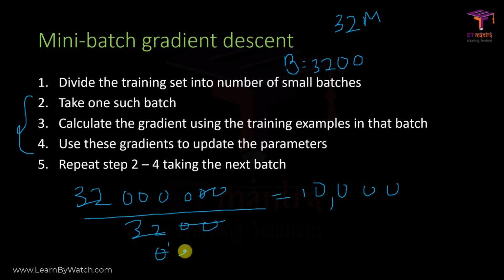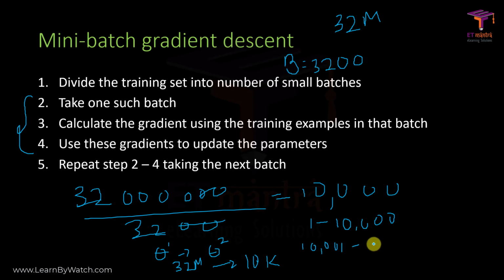So if we had used batch gradient descent, then for one updation of theta, for example say from theta 1 to theta 2, we would have to take all the 32 million training samples. But in mini batch gradient descent we just need to take these 10,000 training samples and we update theta, and for the next gradient descent we take the next 10,000 training samples. So for the first one we take the examples from 1 to 10,000, for the next gradient descent we take it from 10,001 to 20,000 and so on.